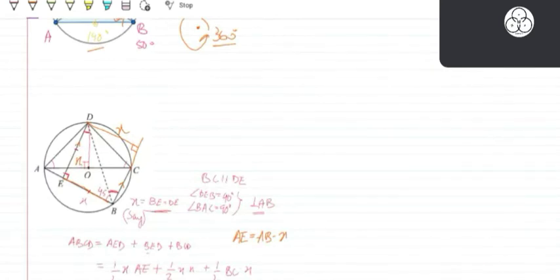Area of ABCD can be written as area of ABC plus area of ADC. Now just focus. I am drawing it here because I do not want to use this diagram for rough work.